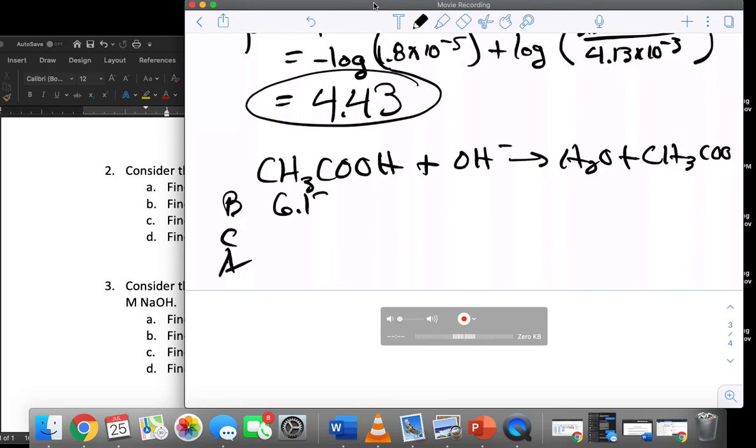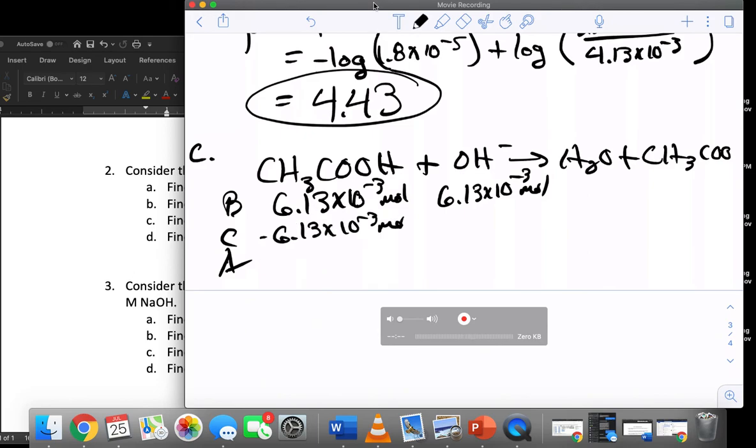If I have 6.13 times 10 to the minus 3 moles of my acetic acid to start with, at the equivalence point, that's the number of moles of the hydroxide I must be adding. Right? I want them to basically completely neutralize each other so that neither one of them is left.